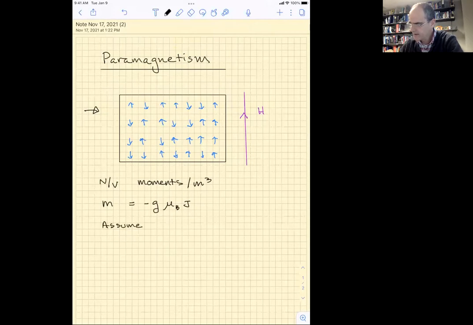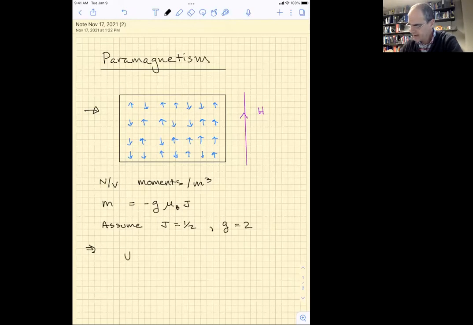So we'll assume that J is equal to 1/2 and that g is equal to 2, okay? In that case, we can say that each moment has two energy states in a magnetic field, spin up and spin down. The potential energy is lower for the spin up state, okay? But those are the only two states.